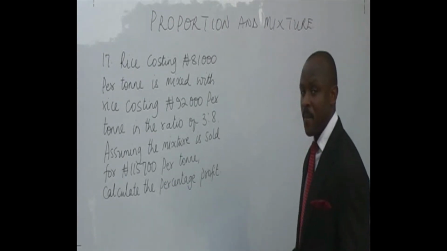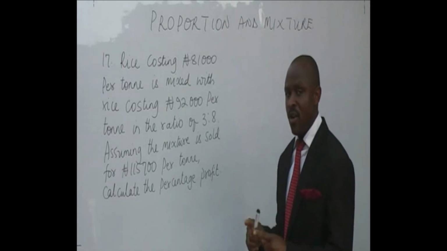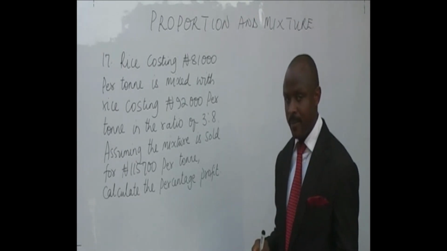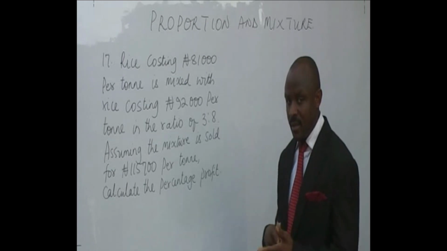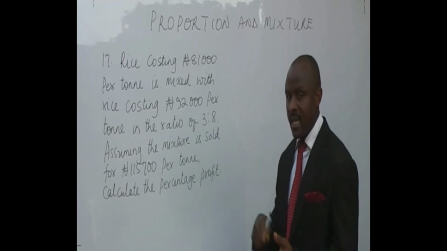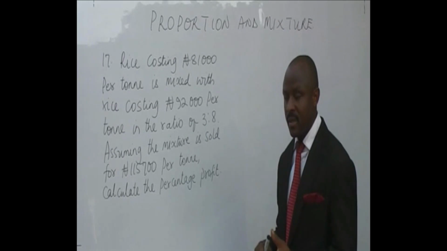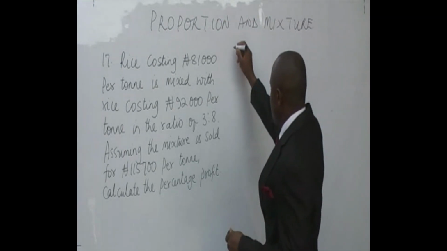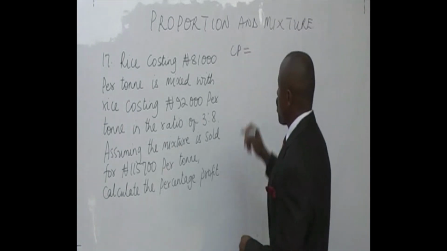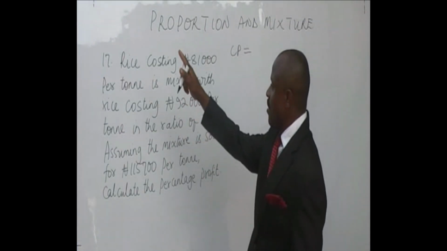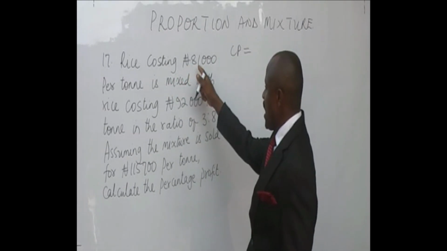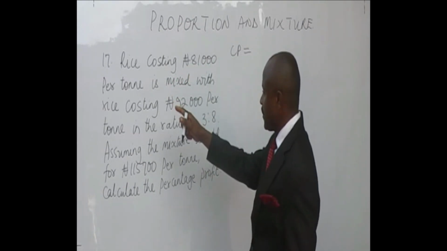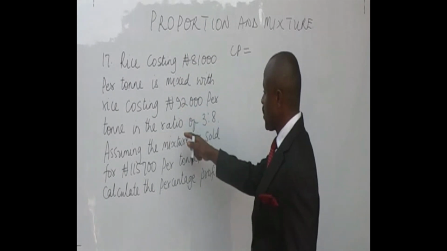Percentage profit is selling price minus cost price divided by cost price times 100 over 1. So now we have to calculate the cost price. Our CP is going to be the rice costing 81,000 per ton and 92,000 per ton.